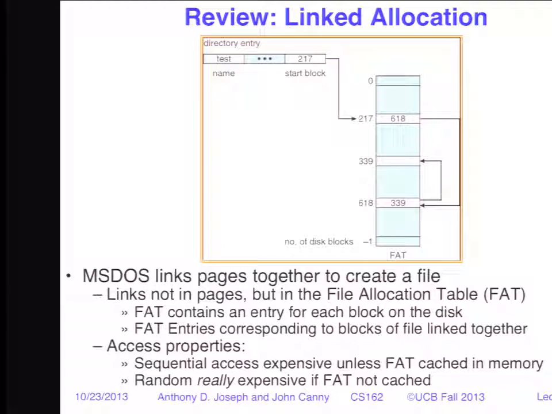So some of the properties: sequential access for devices like disk drives and floppy drives is going to be very expensive, especially if the file allocation table is not cached in memory, because you're going to have to seek back and forth. And random access is going to be very expensive always, because nothing is next to anything else when it comes to these blocks.